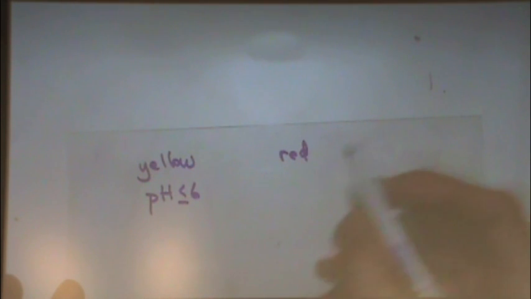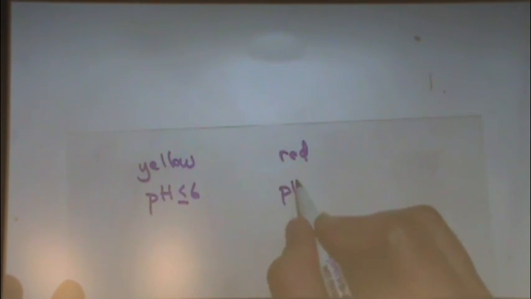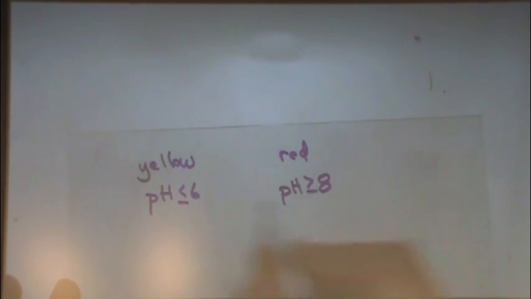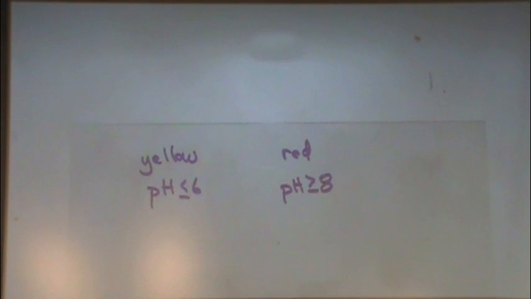Phenol red is an indicator that is yellow at pH less than or equal to 6, and it's red at a pH greater than or equal to 8. So there's a color change that happens between 6 and 8 for this phenol red indicator. I want to estimate the pKa of phenol red.